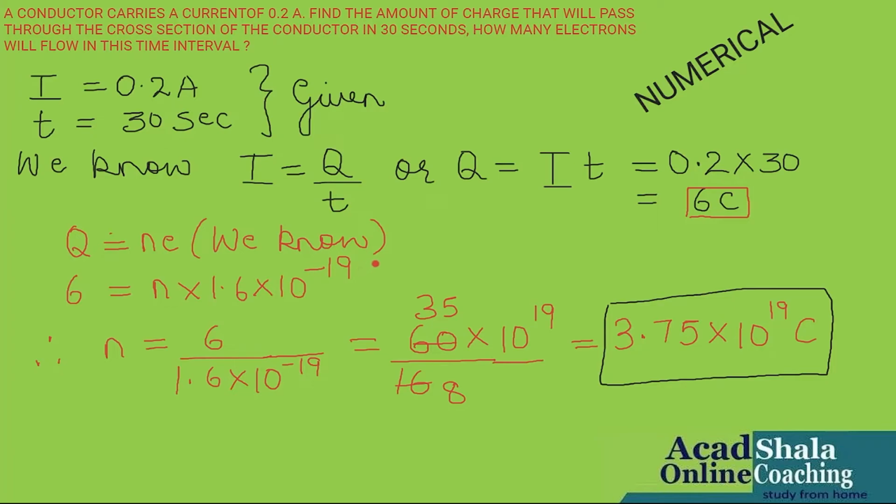The electronic charge of the electron, you should know. It is not given in the numerical, so you should know this on your own. Are you getting my point? Whatever is not given in the numerical, you should know it very well, because we consider that these values should be known by the student.